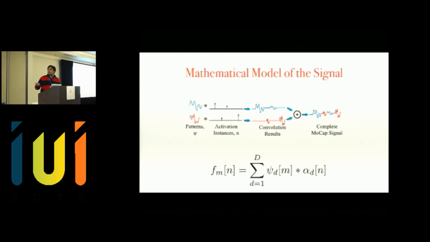Suppose psi is a pattern that we want to extract, and alpha are the activation instances where those patterns occurred in the video. If we take the convolution of these 2 signals, we get this signal. And then for different patterns, we get multiple of these signals, which are eventually added and combined into this final output. So this is the model of the data.